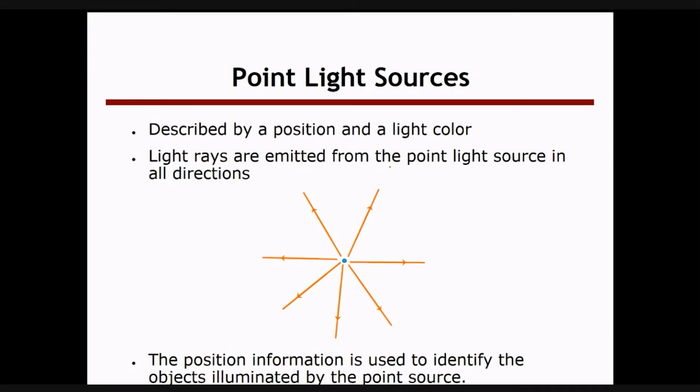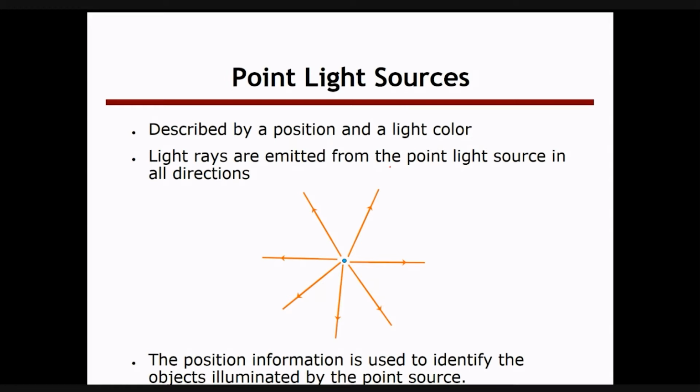And then the point light source is described by a position and a light color. Light rays are emitted from a point light source in all directions. One such example we have is the sun. It is not emitting in a single direction or something. The rays that you are getting out of that single light source fall in all directions.